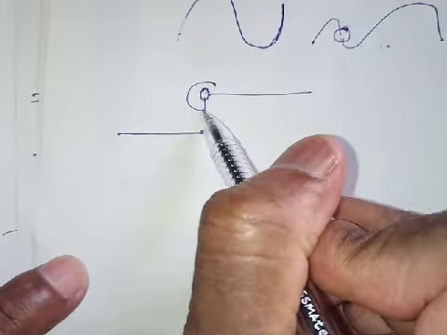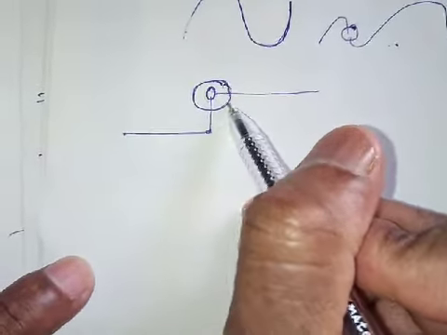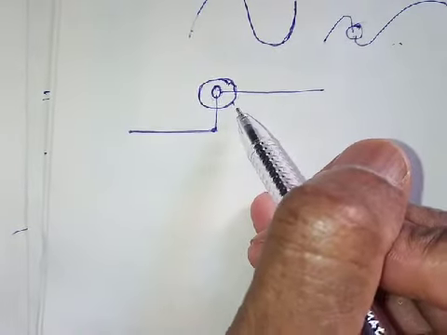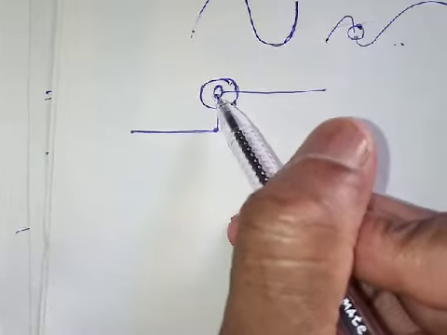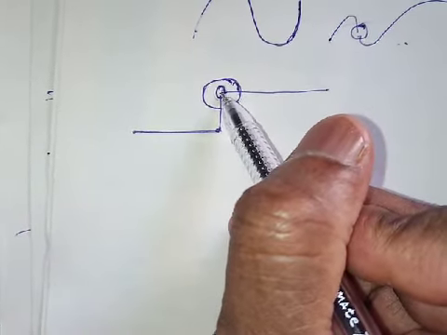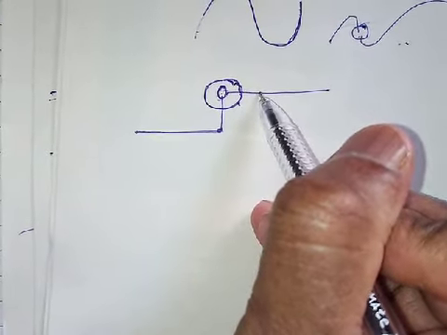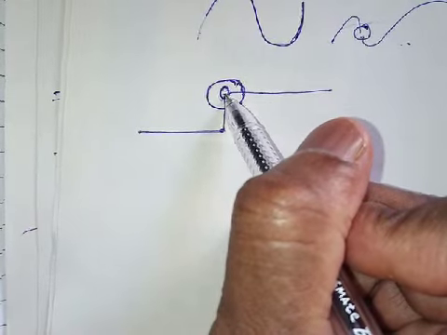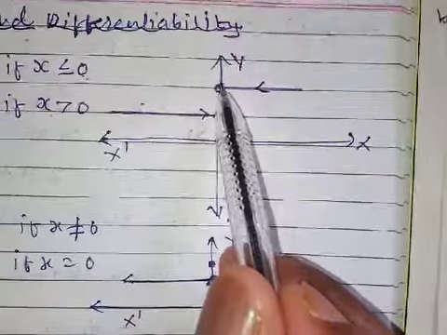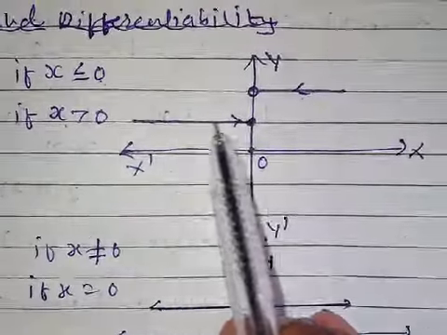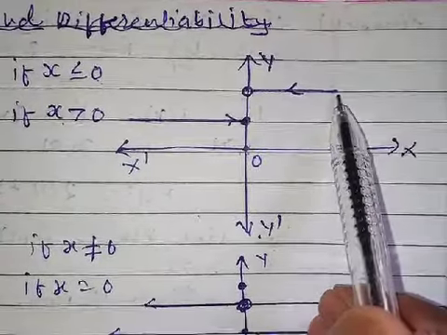So this function is discontinuous. It is not continuous at x greater than 0, where f of x is 2, as we see in this graph. Therefore the graph is not continuous.